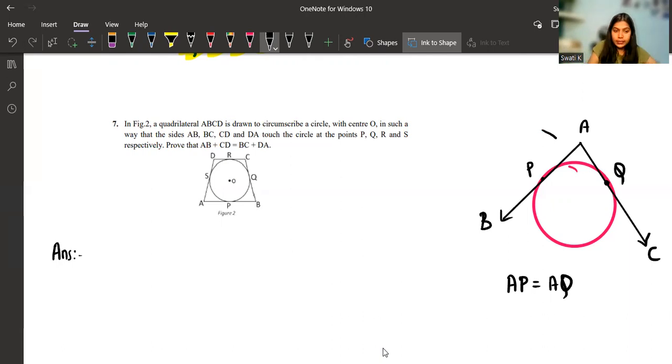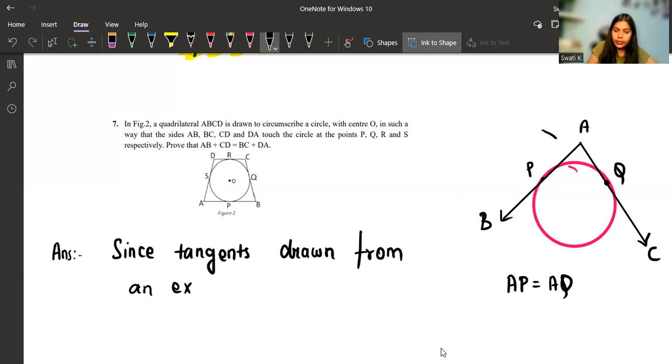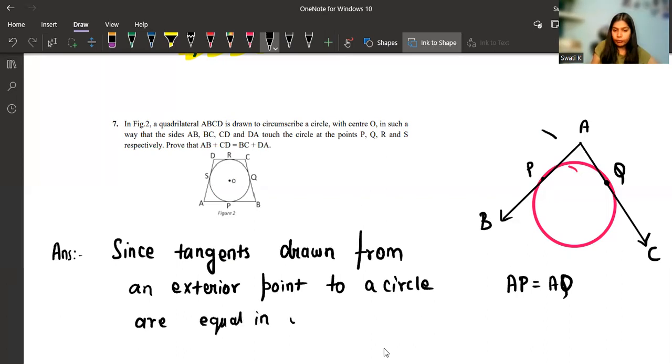Since tangents drawn from an exterior point to a circle are equal in length, therefore, we can see here so many tangents.